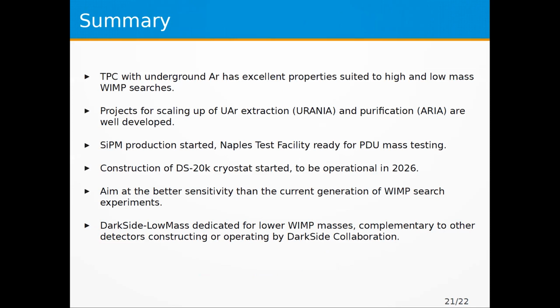We started building the cryostat in Hall C at LNGS. We hope that it's going to hit the target sensitivities at the time when the detector is built. And of course, there is the low mass detector dedicated to low WIMP masses, complementary to other detectors built by DarkSide. Thank you.